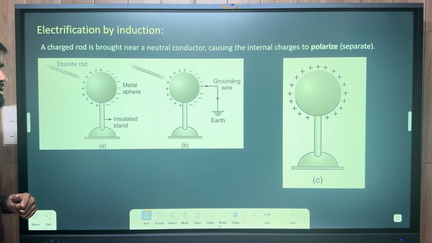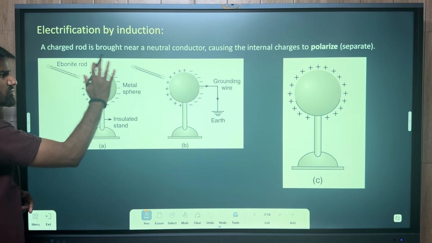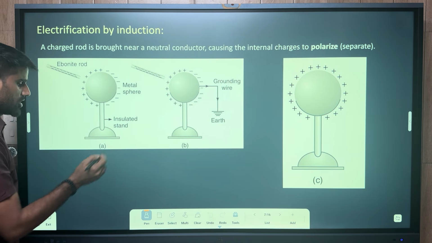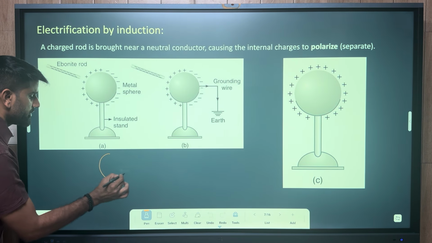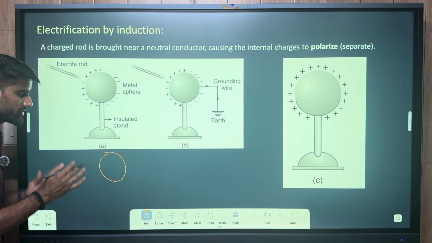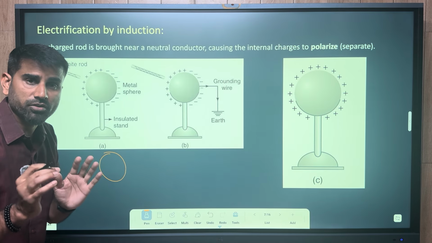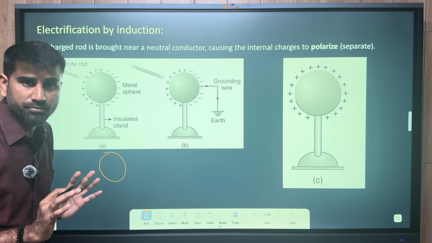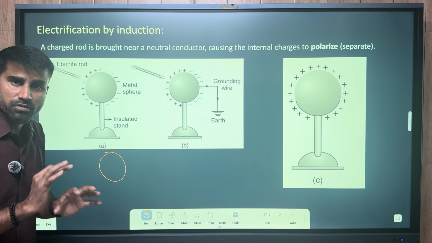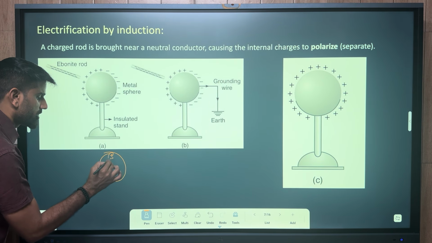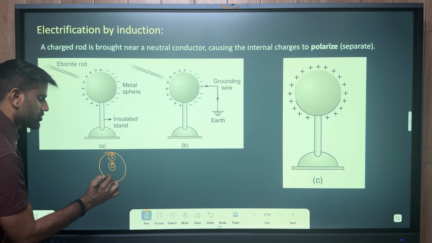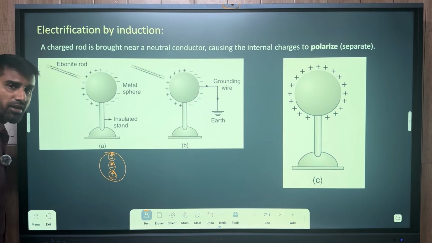Exactly what happens? Let me draw the diagram. Initially this is the metal sphere, which has no charge. All the protons and electrons are neutralized. They bond together and neutralize. Now let's say this is positive and negative, to showcase the positive and negative.